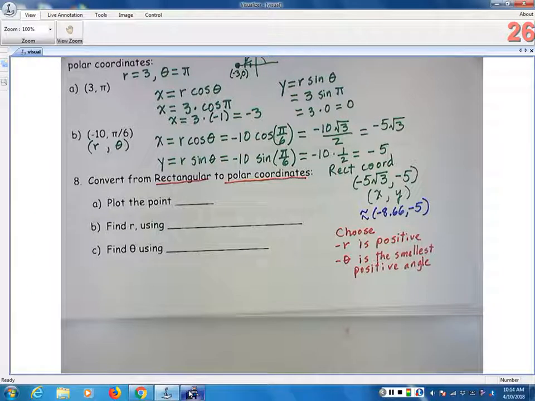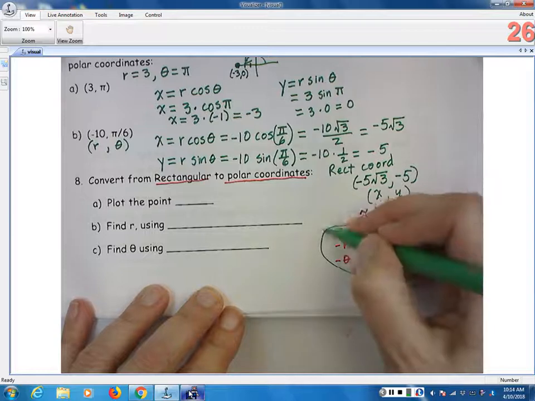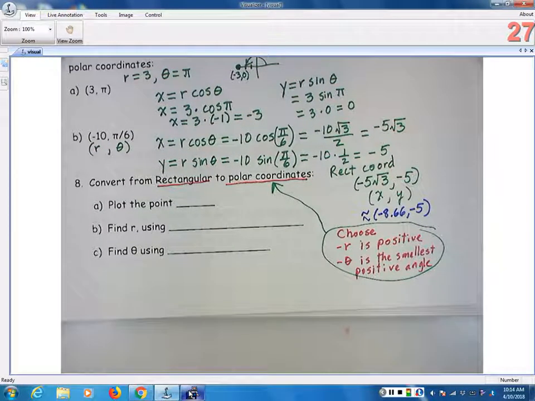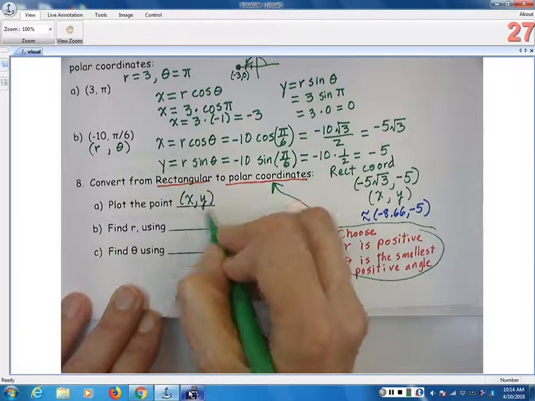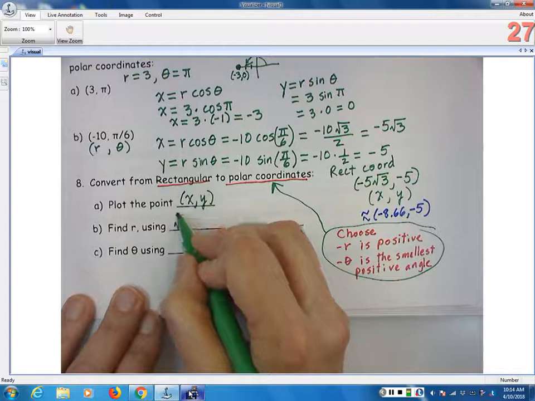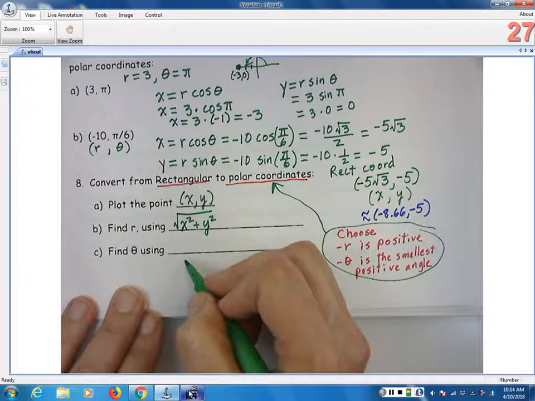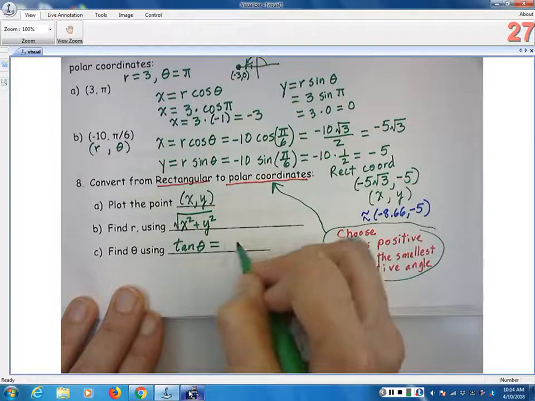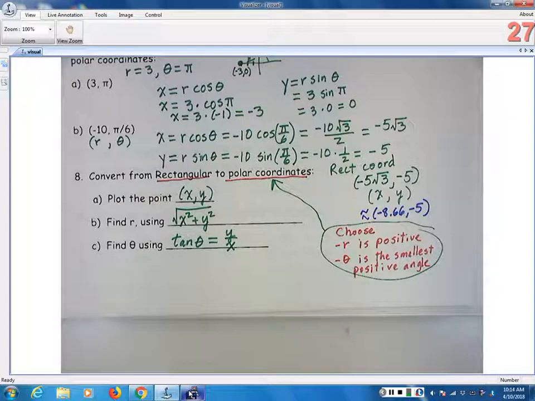We can check these with our calculator. We will plot the point (x, y), find r using the square root of x squared plus y squared, and find theta with tangent theta equals y over x, using inverse tangent. And that's how you find that.